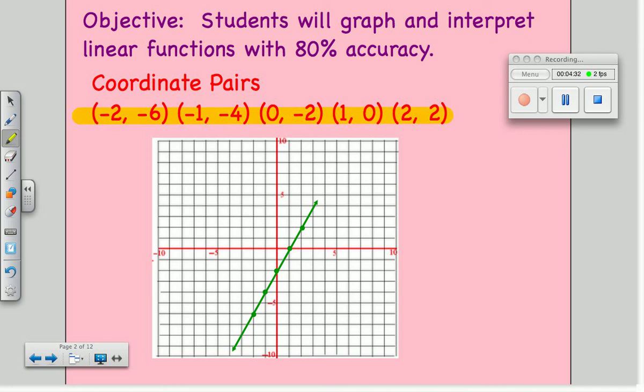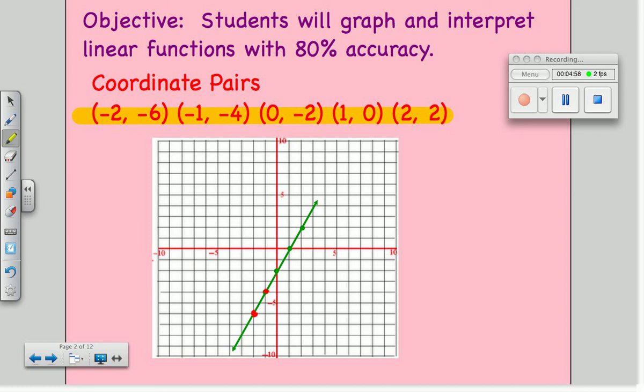So negative 2, negative 6 would be negative 2 this way, and then negative 6 down. 1, 2, 3, 4, 5, 6. There's that one, right? Then negative 1, negative 4. Negative 1, negative 4 is here.